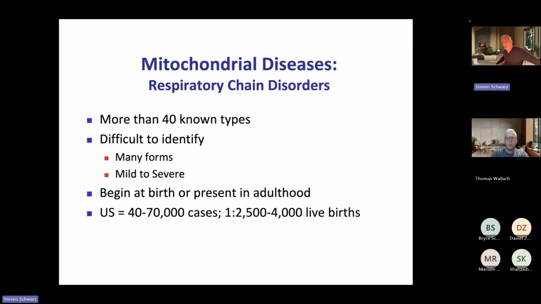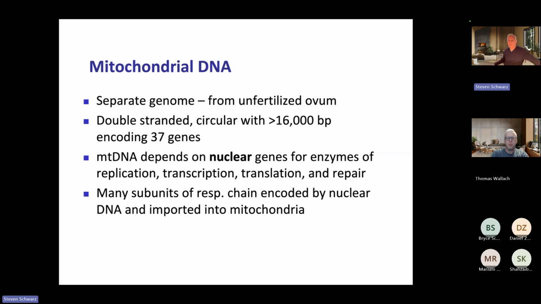So what do we know about the mitochondria that we haven't learned before? The mitochondria has a separate genome, and that genome comes from the unfertilized ovum. It's maternally transmitted. It's a double-stranded circular DNA with about 16,000 base pairs, and it codes 37 genes. This mitochondrial DNA is dependent on genes from the nucleus for enzymes of replication, transcription, and translation repair.